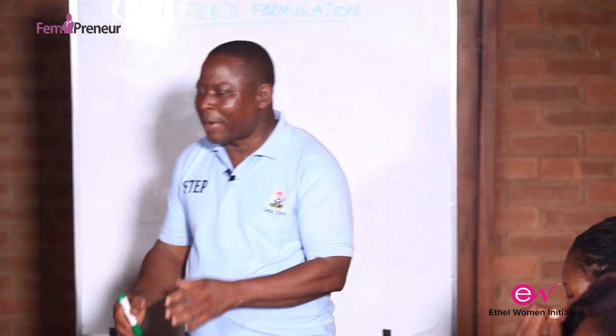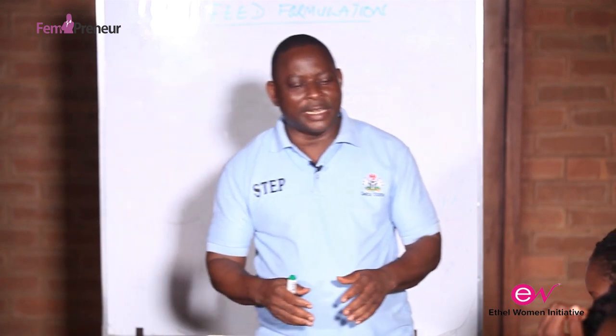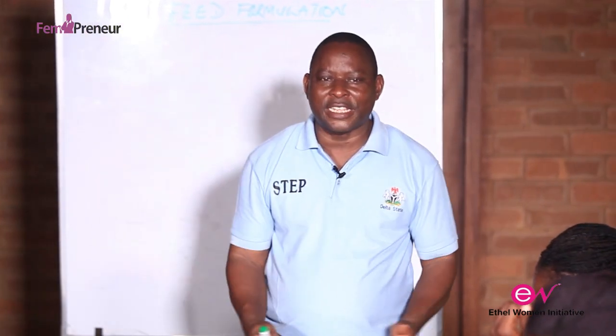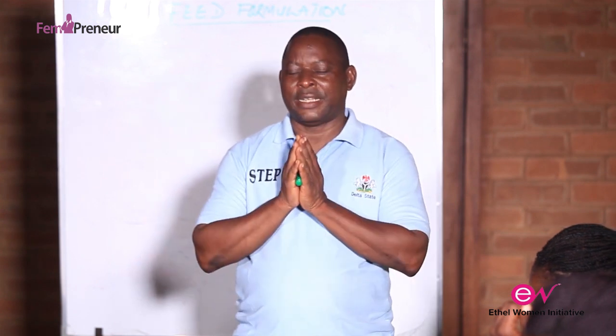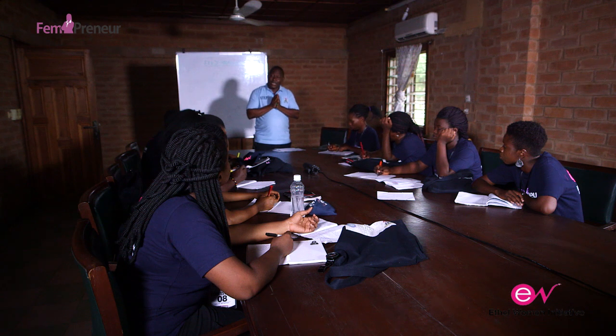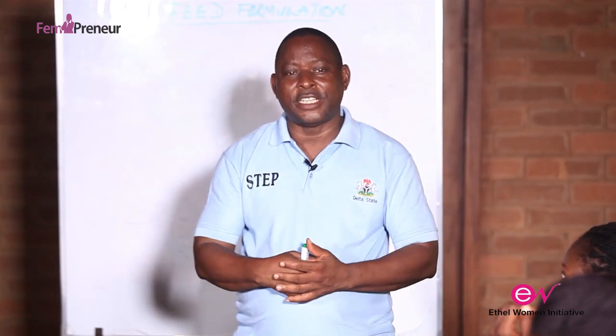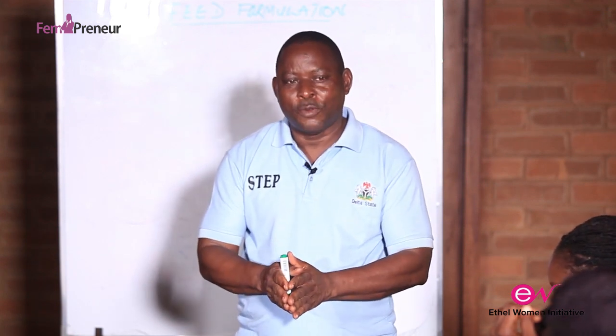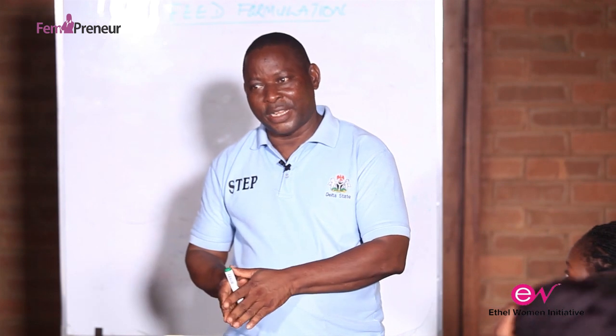This I want to combine together because generally the formulation of feed is combination of all these ingredients that will give us these nutrients. The quality of the nutrient we need will be defined. So the combination of all these raw materials that will give me this nutrient will be the one I will use to formulate the feed.